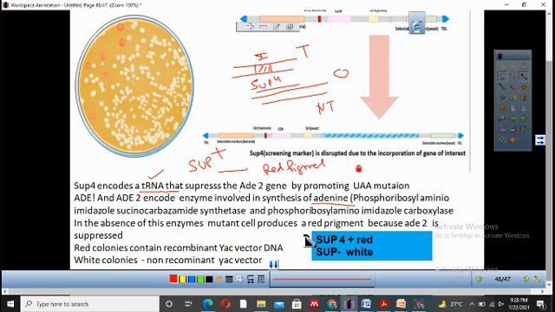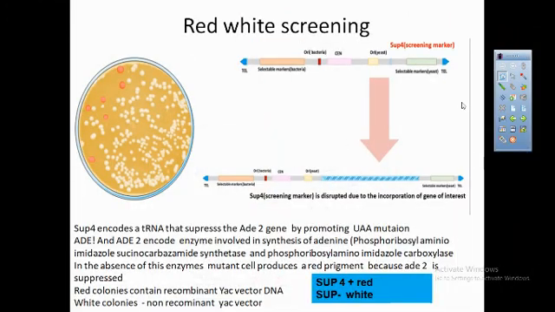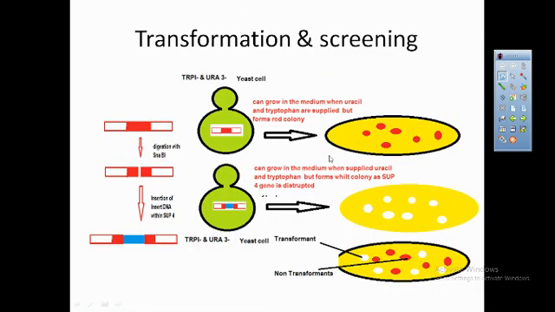So SUP4 plus forms the red colony, and SUP4 minus forms the white colony. Or better, you can say the red colonies are non-recombinant, and the white colonies are the recombinant YAC vector with DNA.